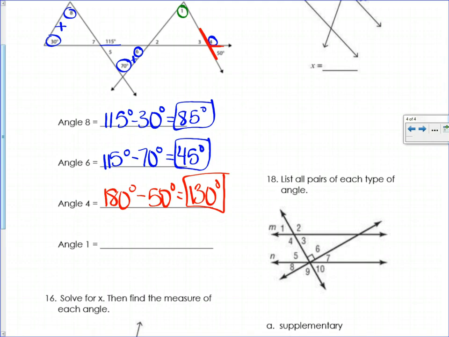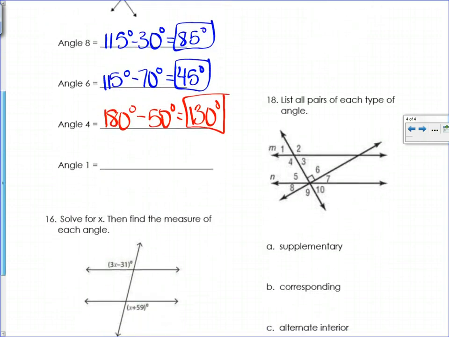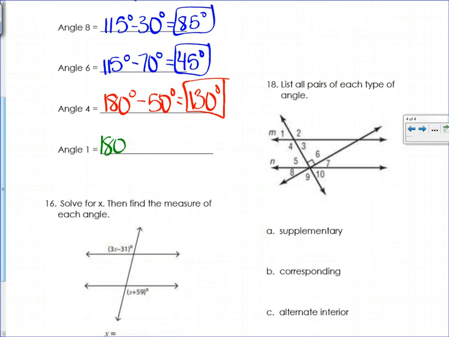And lastly, angle 1 up here. We can find that by looking at our congruent angles. I know angle 6 is 45 degrees, and I know angle 6 is congruent to angle 2. So angle 2 is 45. Angle 3 then is also congruent to the 50 degrees. And we know a triangle has 180 degrees, so to find angle 1, I'm going to take 180, and I'm going to subtract the two interior angles added together.